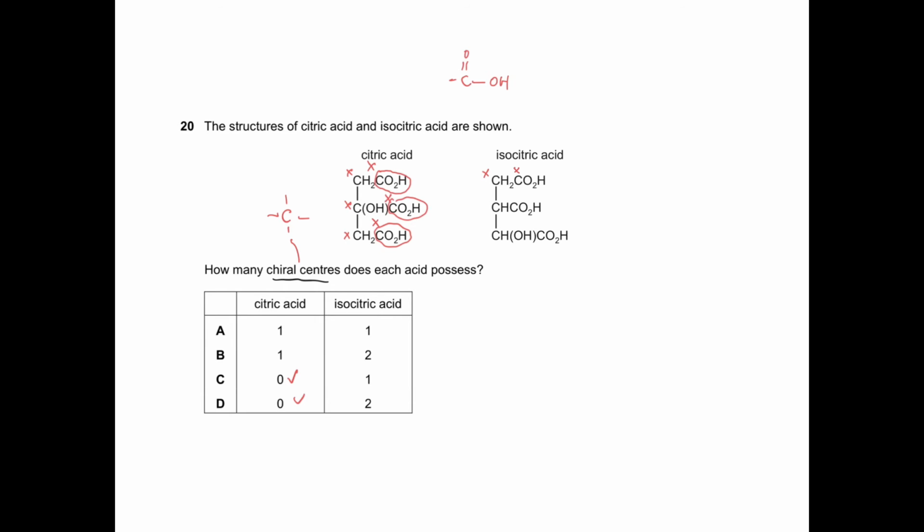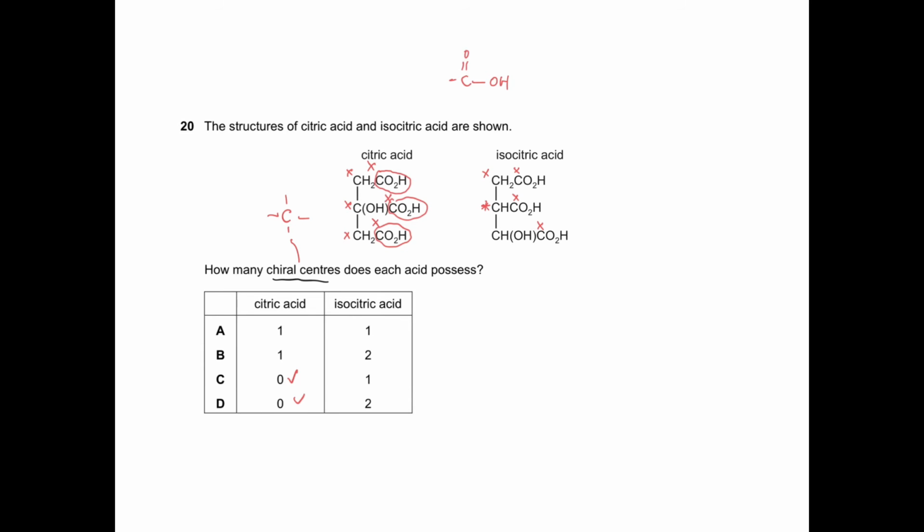Okay, so I cross all the CO2H. Now let's look at this carbon. So this carbon is a chiral carbon, actually. It's a chiral carbon. So I put a star here.